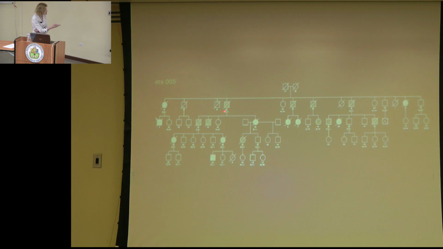But those who are shown here that are kind of lightly shaded, they carry the exact same mutation. They also had cancer, but they had the common cancers. They had lung cancer, they had prostate cancer, they had colon cancer, they had pancreatic cancer. They didn't all have these either very rare or very young cancers.